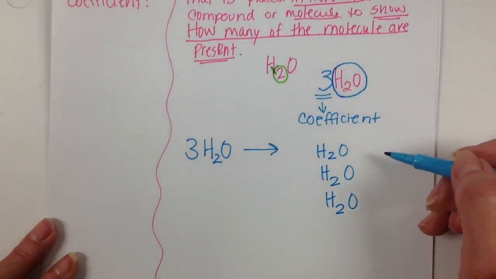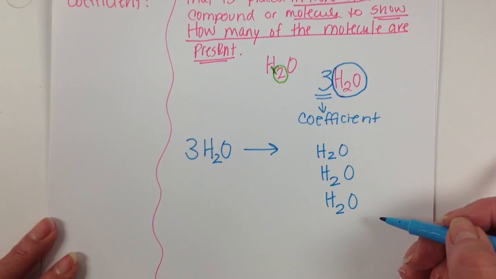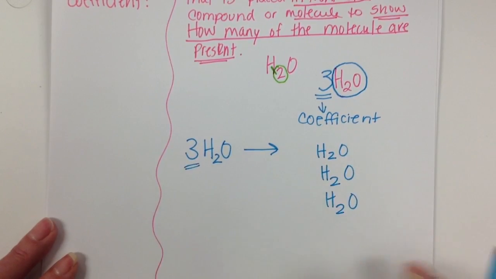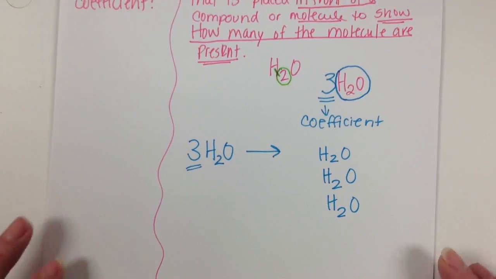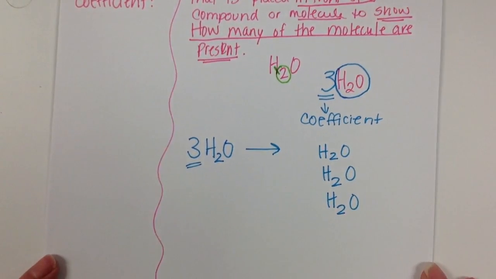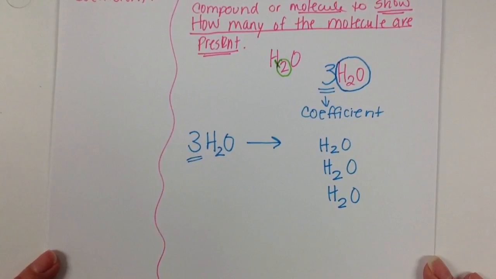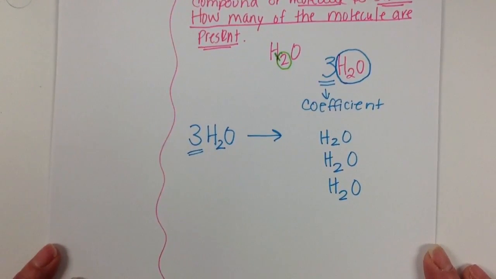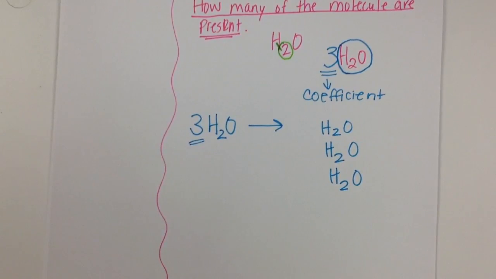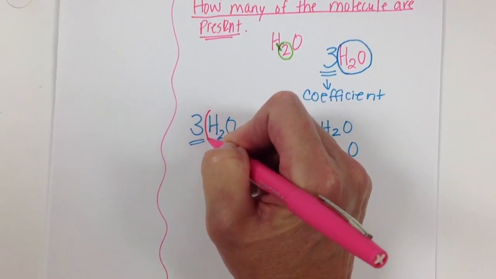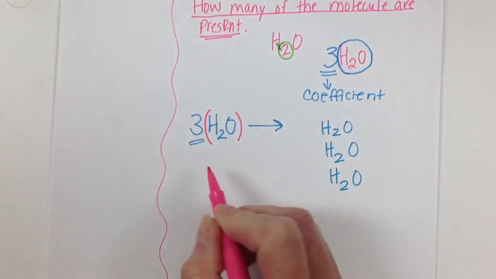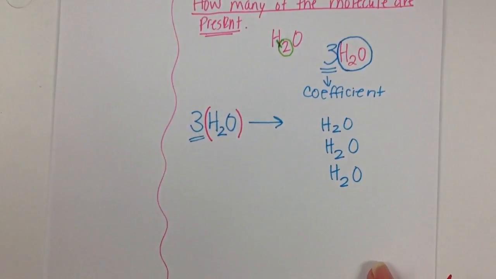Now, since the chemist doesn't want to write out H2O 3 times, he puts a coefficient in front of the molecule to show how many are present. So now we don't have to write it all out in order to figure out how many atoms of each element are present. We're going to just do the math, okay? A coefficient is used just like in math. In other words, the 3 is going to be multiplied by the formula that follows it.